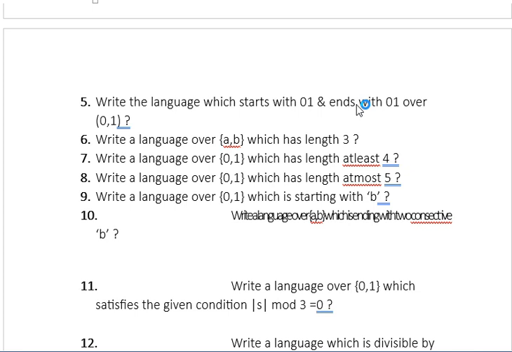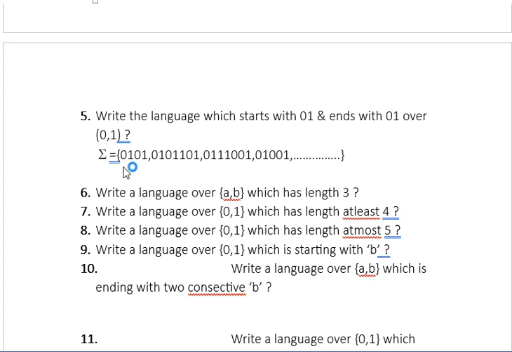How will the solution look like? Let's see. If you look at here, this is the solution. It should start with 0, 1 and end up with 0, 1. In between, it can have any type of string. So now look at here.